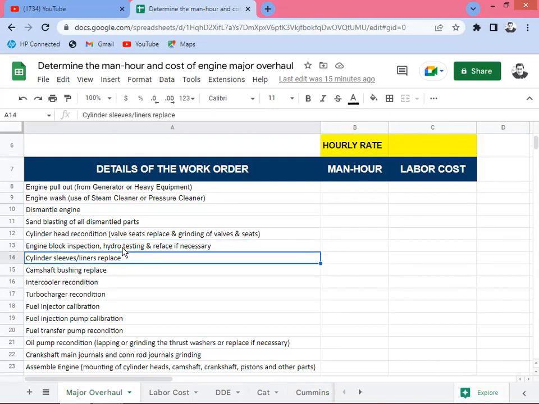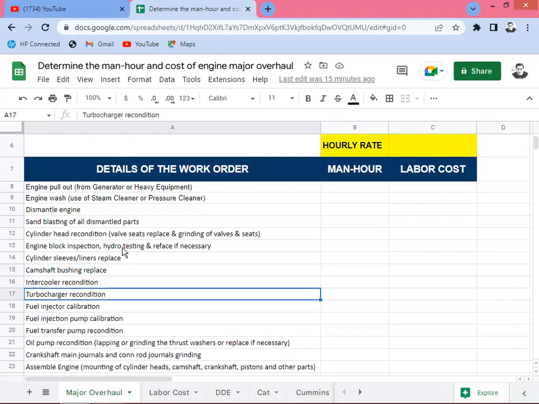Again, cylinder sleeves liner replace, camshaft bushing replace, intercooler reconditioning. Some engines have an intercooler, some engines don't have an intercooler or turbocharger reconditioning. Some engines have a turbocharger. Most of the generating sets have a turbocharger.